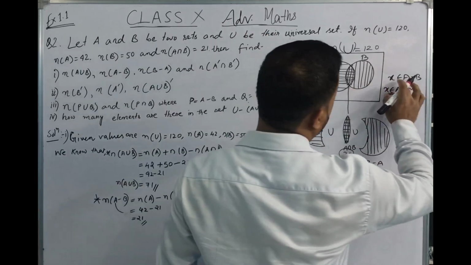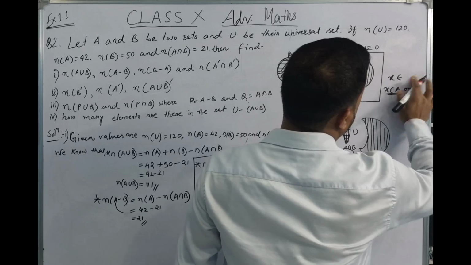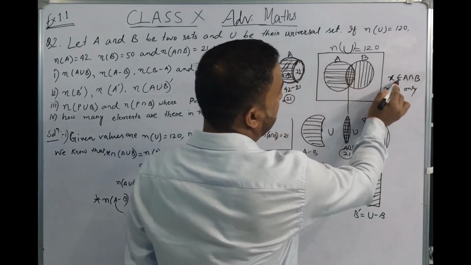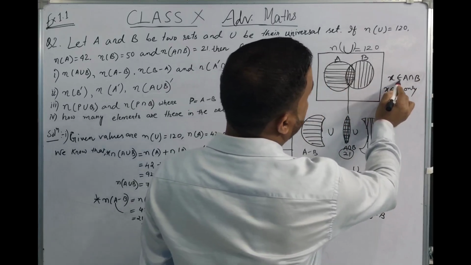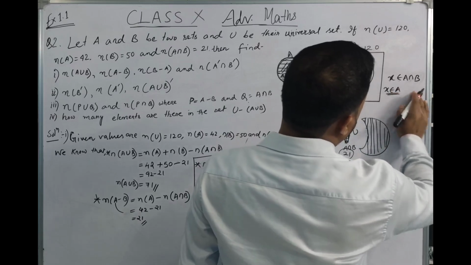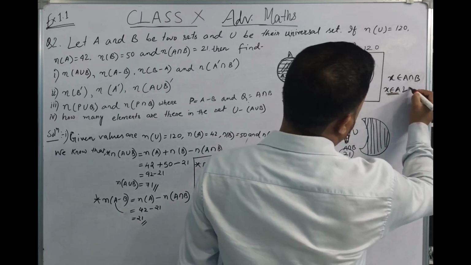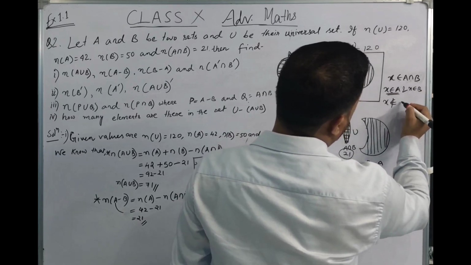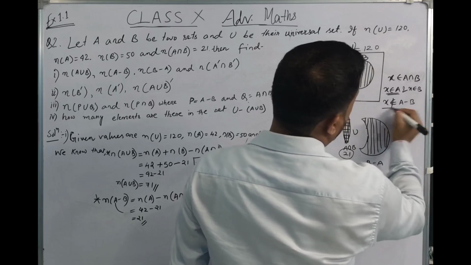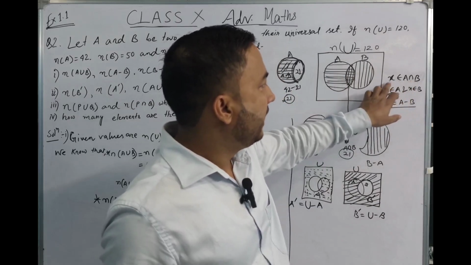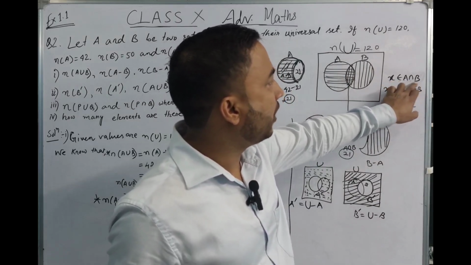If X belongs to A intersection B, X is an element of the set A intersection B, then X belongs to A and X belongs to B, so X will not be a part of A difference B. Isn't it? If X belongs to A intersection B, what does it mean?